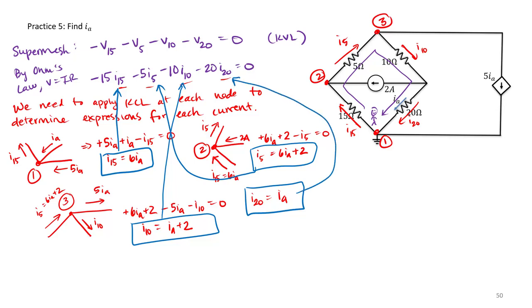I can substitute each of these currents into my supermesh equation, and I will have one equation and one unknown, which I can solve for I sub A.